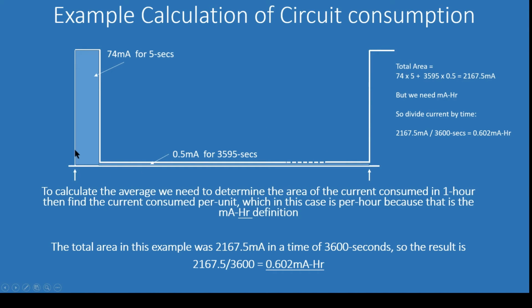You find the average by finding the area of every activity within the time reference, that hour between the 2 pointers there, and we're using seconds as our unit of measure. So add up all the samples and divide by the sample size, which is 3,600. 0.602 milliampere hour in my example.